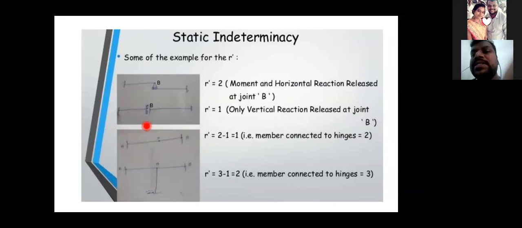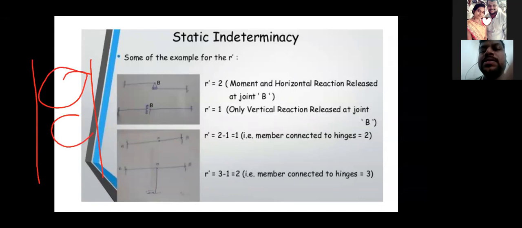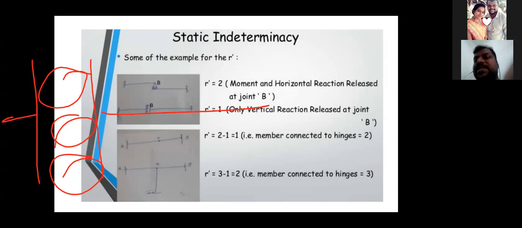Similarly here, we have a shear support. This is called a shear support, something like this. In between there will be some rollers, and the members are connected. If you come across this kind of structure, then R dash is 1.